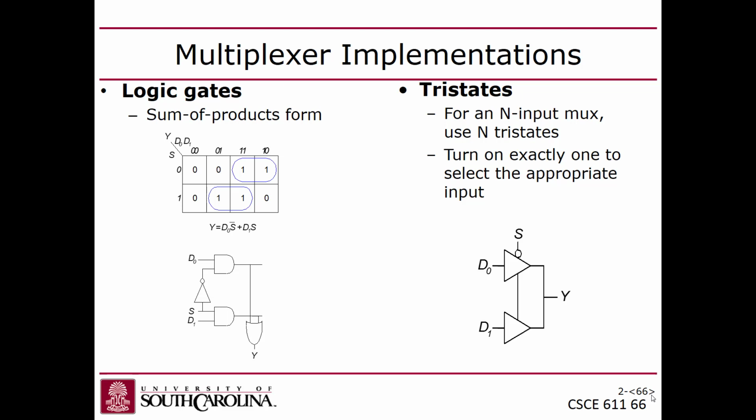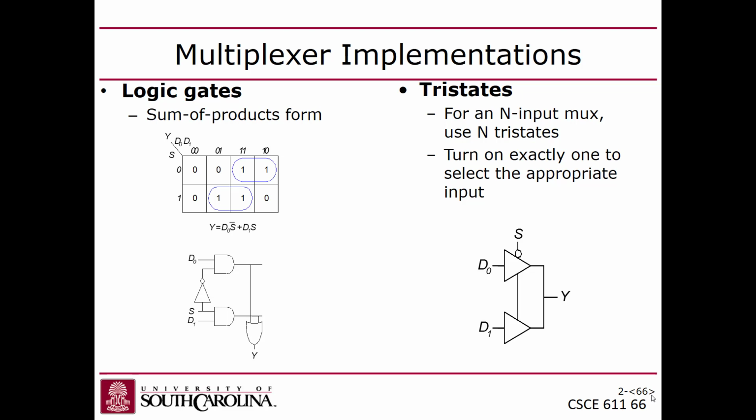You associate an AND gate with each input, and then the select gets put into the AND gate with the input. Except for the first AND gate, you have the negated form of the select. So the idea is that if S is 0, then you want to basically turn on this AND gate by putting a 1 in the second input. And that way, you'll pass through whatever D0 is.